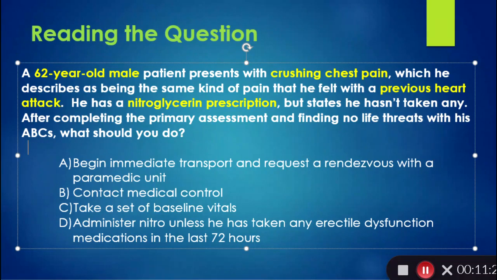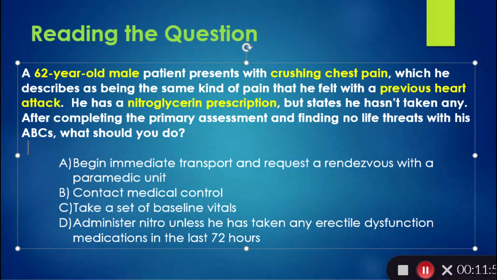So contacting medical control to give nitro is good. We are going to have to do that. But what is medical control going to ask us? The first question they're going to ask you is, what's his blood pressure? So if I don't have that, I probably should not be contacting medical control yet. Okay, I want to have all the information they need. So maybe taking a set of baseline vitals is my best option.